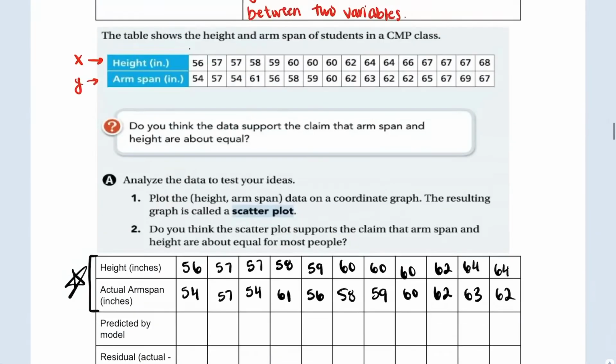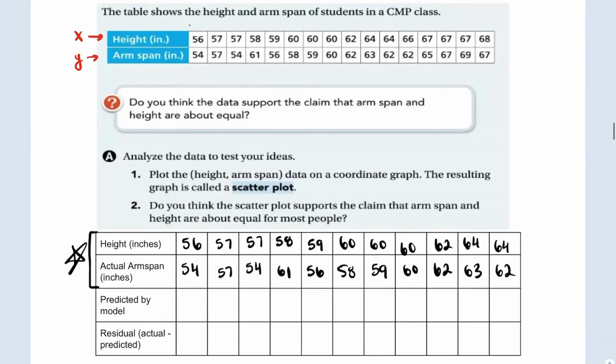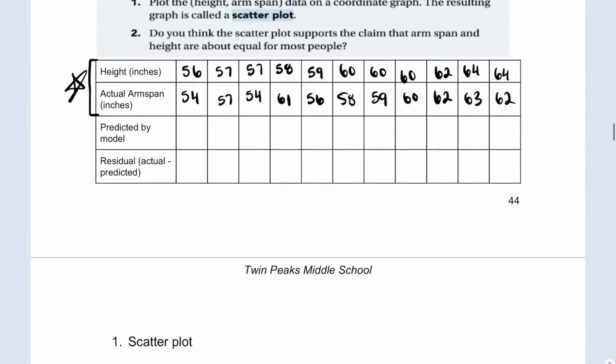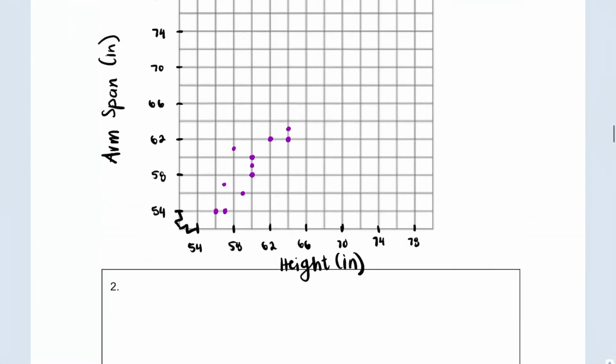In question 2, which is the box underneath our graph, it says, do you think the scatter plot supports the claim that arm span and height are about equal for most people? So based on your graph, does it look like there's a strong linear trend? Are your points scattered all over the place? What do you think?